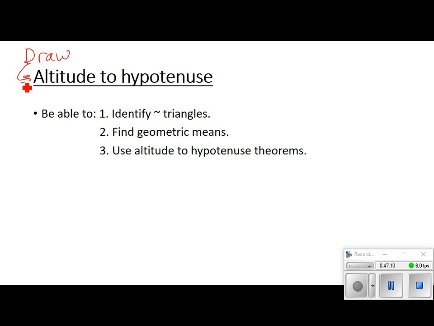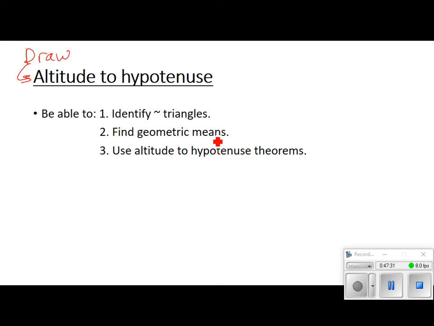The title? Matt doesn't have it. What we're going to cover: identify what that symbol right there means? Similar triangles. Find geometric means.